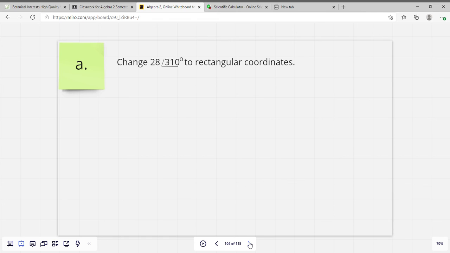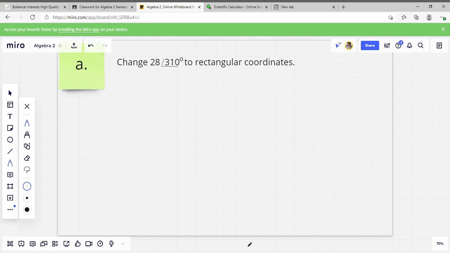Alright, so this first one, we've got 28 at an angle of 310. So if you make a little mock-up of this here, 310, that's 90, that's 180, that's 270, 360 will be all the way around. So the closest one is 360. So I'm going to say 360 minus 310.